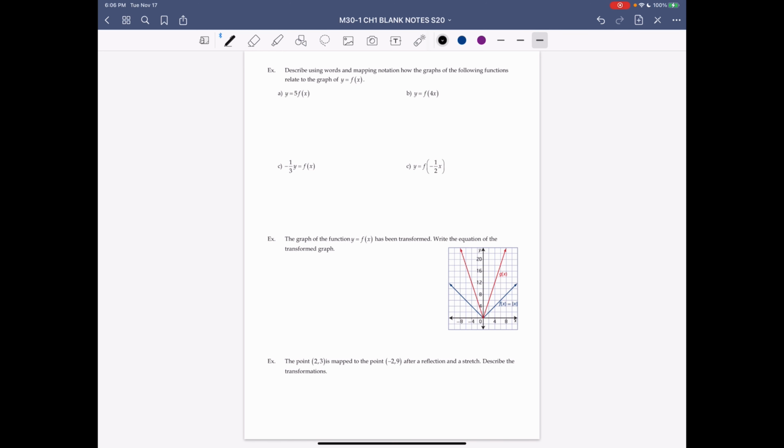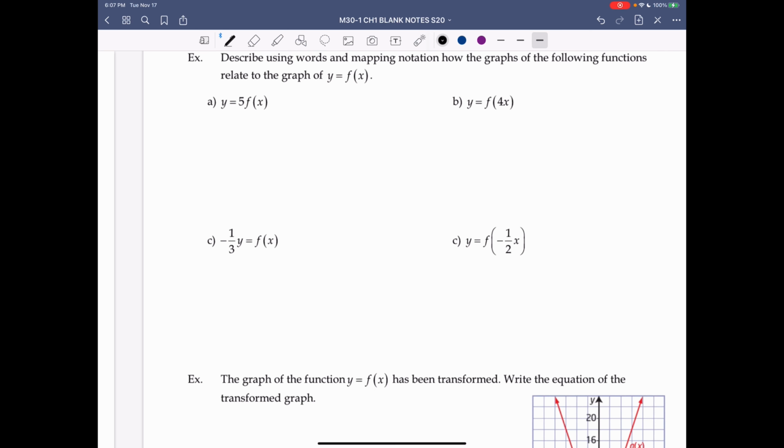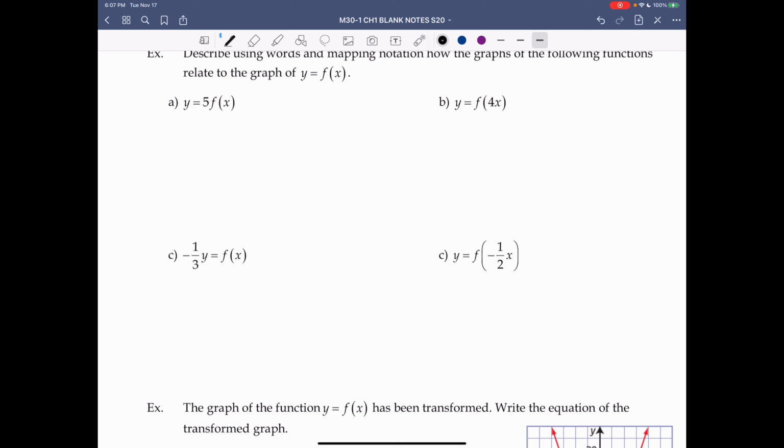Describe using words and mapping notation how the graphs of the following functions relate to the graph of y equals f of x. A, y equals 5 f of x. So a equals 5. That represents a vertical stretch factor of 5 about the x-axis.